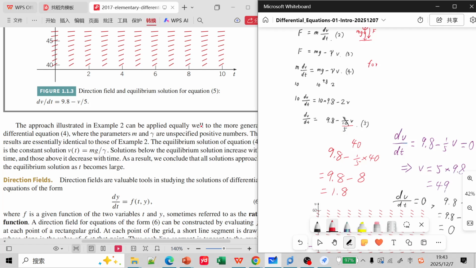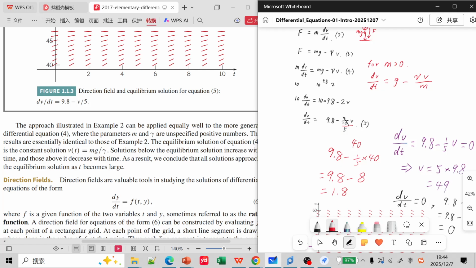So m is a positive number, it is greater than 0. We can divide this equation, the left side and the right side, by m. Then we get dv over dt is equal to g minus gamma times v over m.